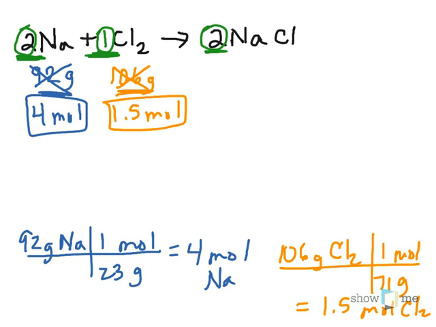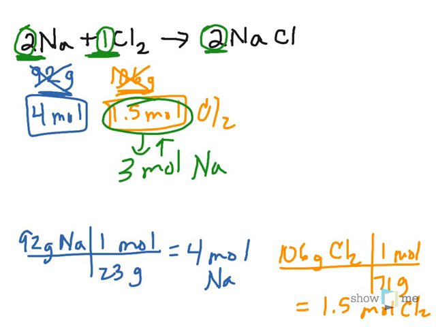So it's saying I need twice as much sodium. I have 1.5 moles of chlorine. What's twice as much as 1.5? That would be 3. So I need 3 moles of sodium to completely react with 1.5 moles of chlorine.